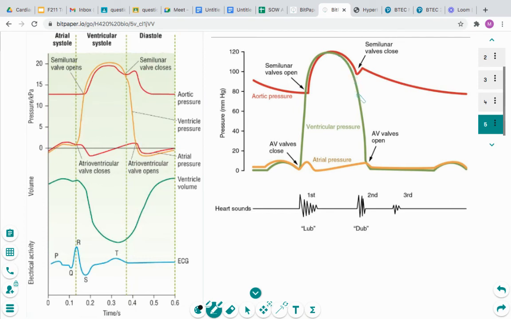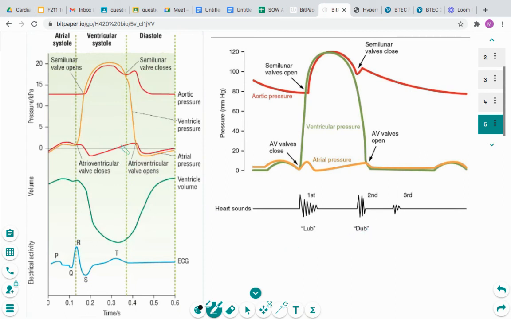Ventricular pressure is dropping, dropping, dropping, which means the ventricles are relaxing, their volume's increasing, and their pressure gets so low that it drops below the atrial pressure, which tells us now the atrioventricular valves have opened back up.